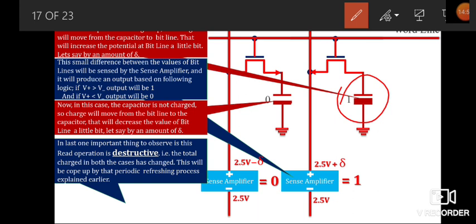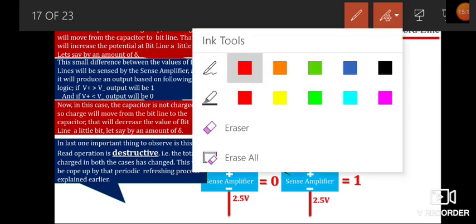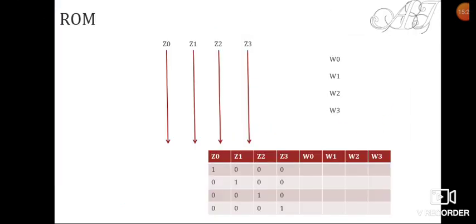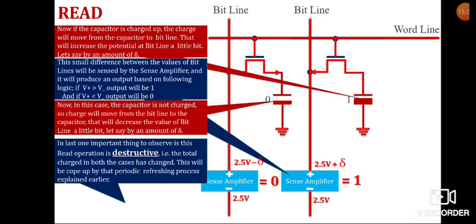And in the other case your capacitor was totally empty, but after this read operation the charge has increased. So what is happening here is that after one read operation the content of your DRAM capacitor is changing. This is why this is known as a destructive read operation. Okay, these read operations are destructive.